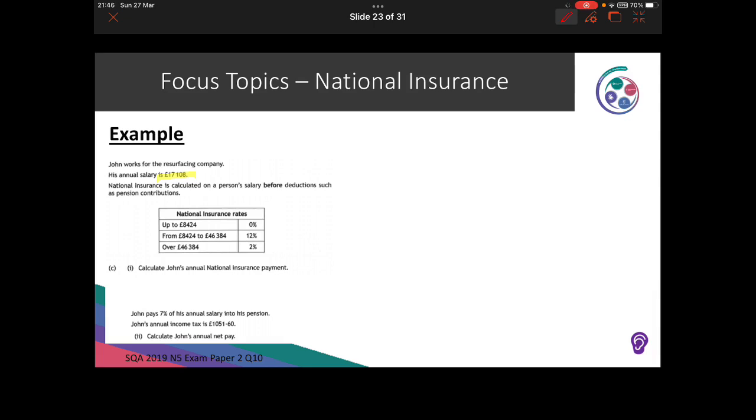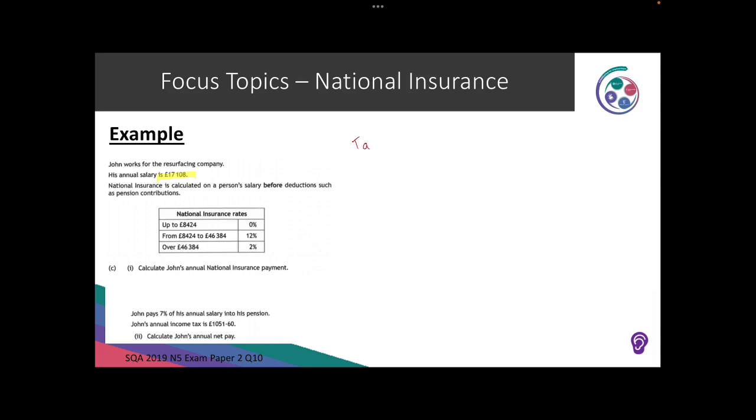So we're going to do taxable income, and that will be the £17,108, take away the personal allowance of £8,424 there, which when I put in the calculator, I'm getting that his taxable income is £8,684. So that's how much he earns that he's going to have to pay tax on.